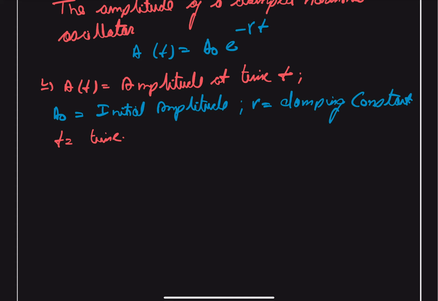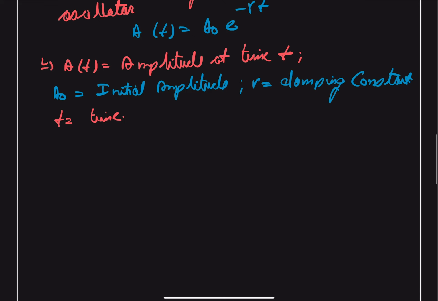Now in the first part, it is given in the question that in the first 5 seconds, the amplitude is reduced to 0.9 times the original value.